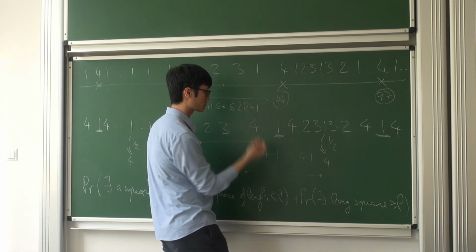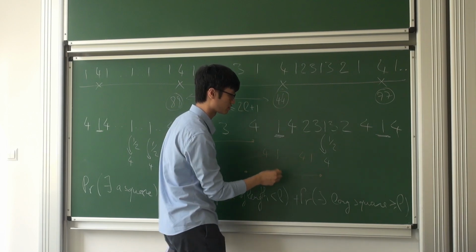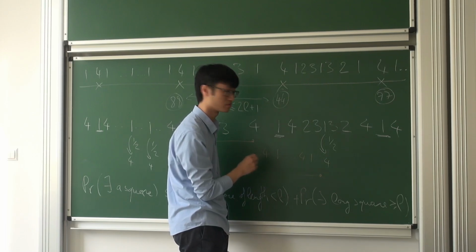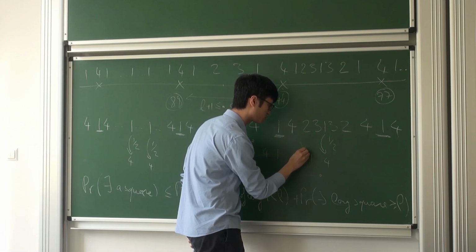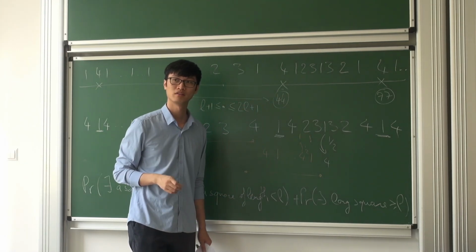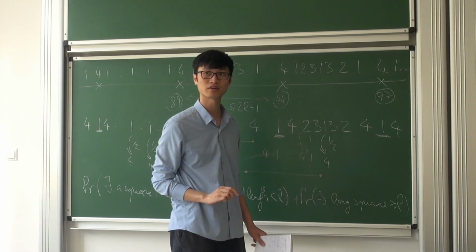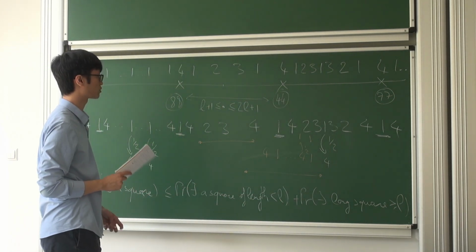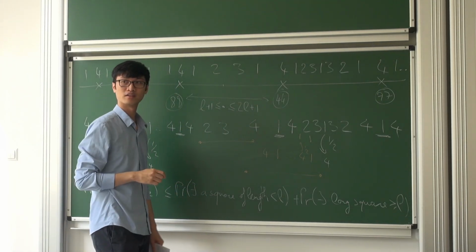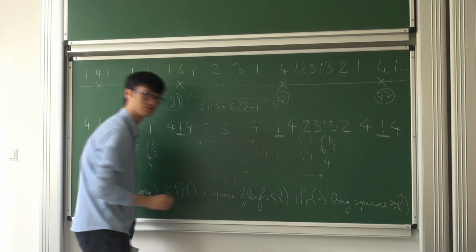But remember that this sort of thing is not possible because this 4 was a 1 before. So if you go back in time and you reflip your coin, this must have come from a 1, 1. Since we chose the square-free words, this is not possible. So actually, if you have short squares, meaning that they touch either none of these or only one of these, then it's not possible. So the probability of a short square is actually 0 by construction.